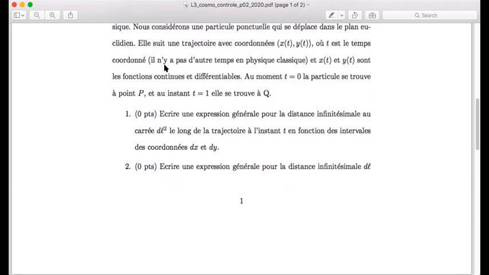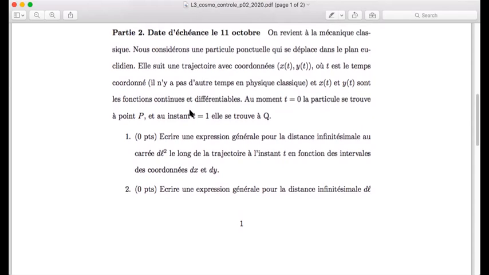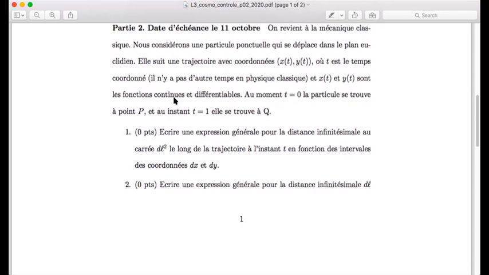Here I'm just saying that there's no distinction between proper time and coordinate time, because we're in classical mechanics. And I'm assuming that these functions x(t) and y(t) have some smoothness properties that let me take the derivative.